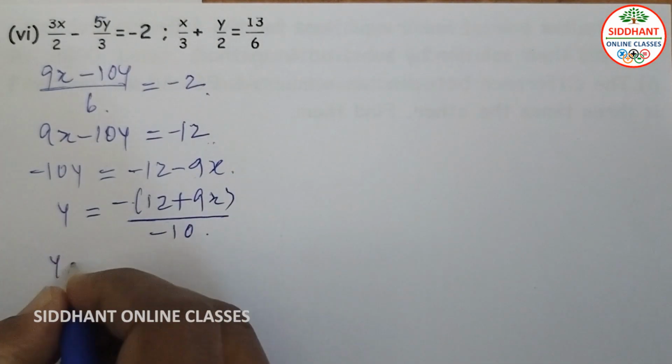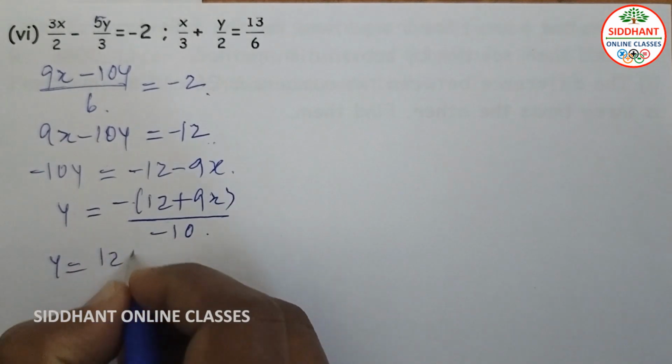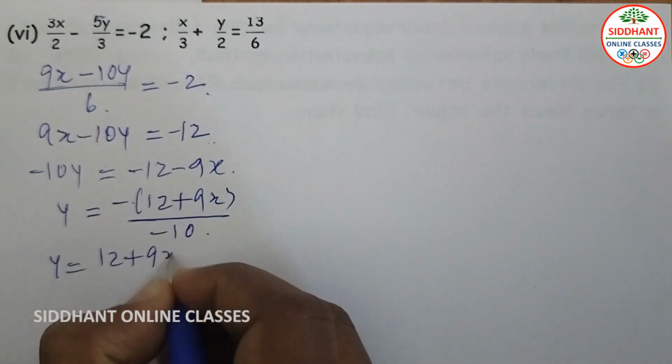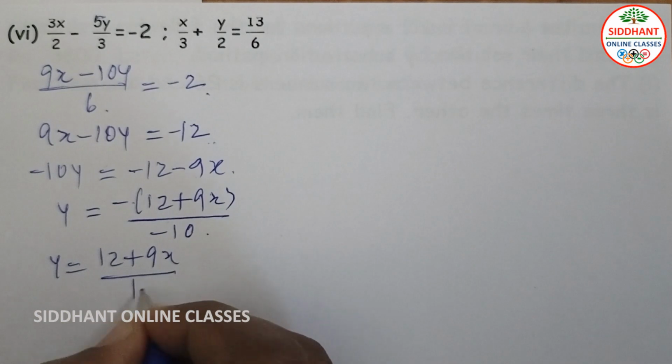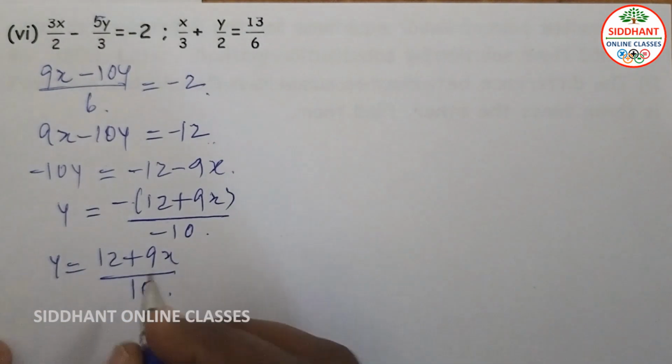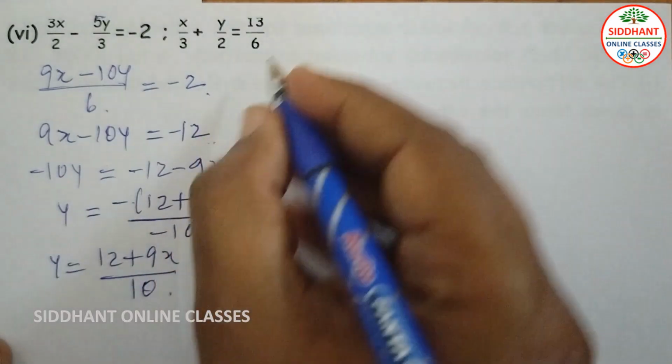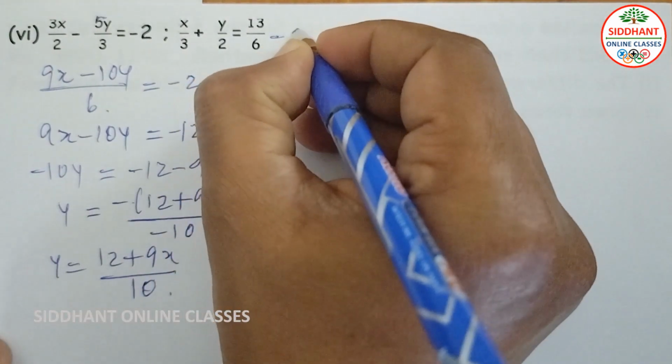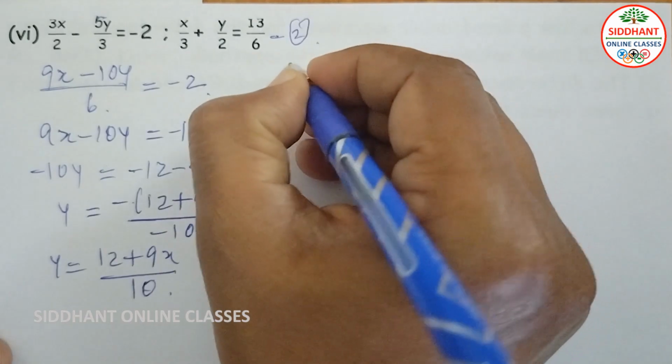So y equal to 12 plus 9x by 10 here. Now substituting y value in equation 2 here. In equation 2. So we get x.